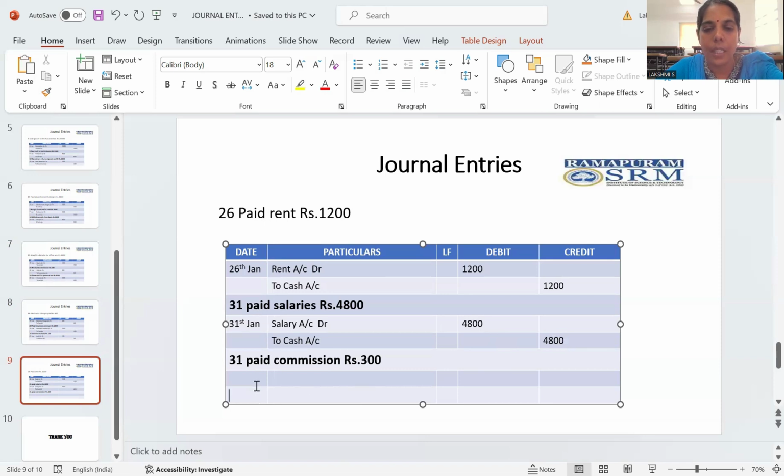Being the salary paid. And the last entry is 31st January, paid commission. We paid commission. So cash goes out of the business, to cash. The only word given in the transaction is commission, so we write it as commission account debit, rupees 300.